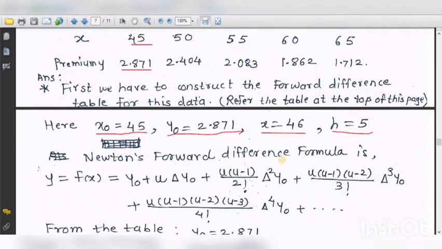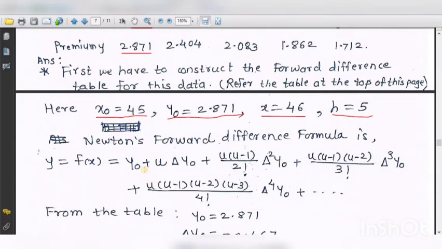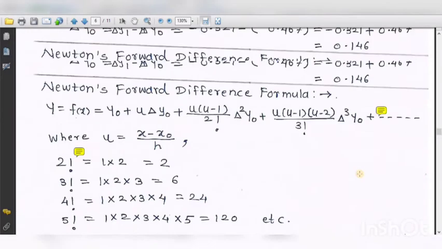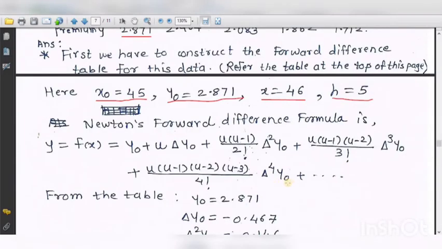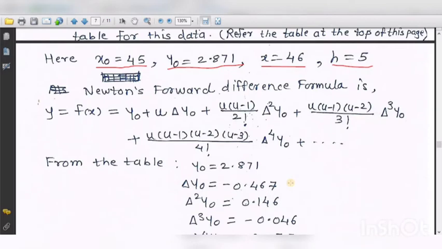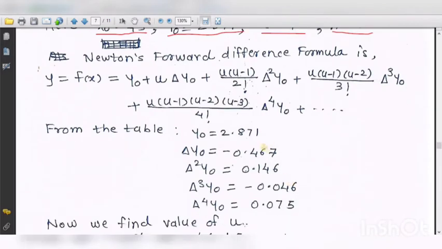Let us write down the formula. So this is the formula now. I have 5 values, so how many differences will exist? 4 differences. So I have written only up to the 4 differences. Okay, now let us pick up the values from the table.